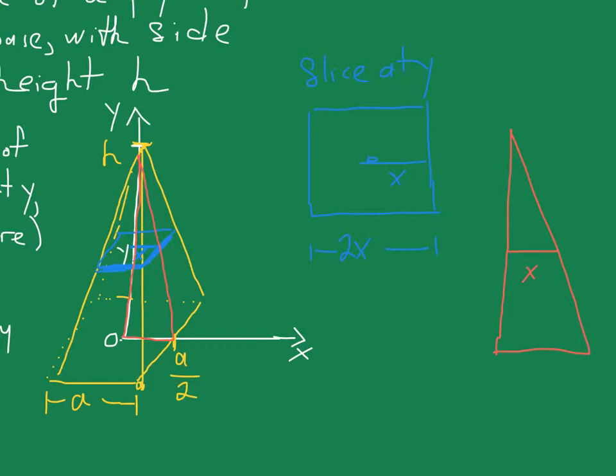Now, we know that our pyramid has height h, so the height of this triangle is also h. And we also know, looking over again at our triangle here, that this length here is a over 2. So we'll write that on.